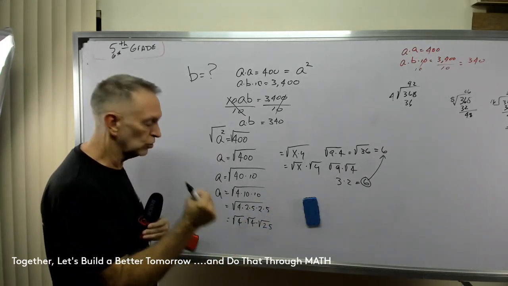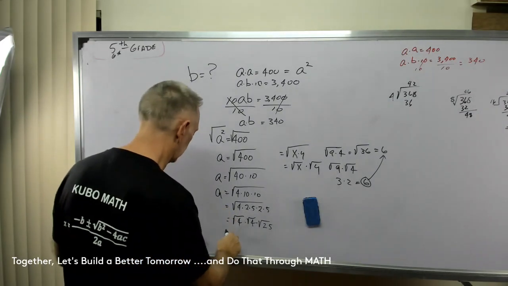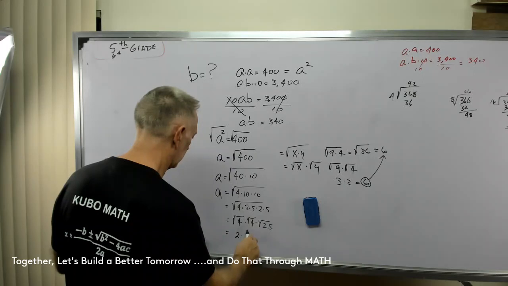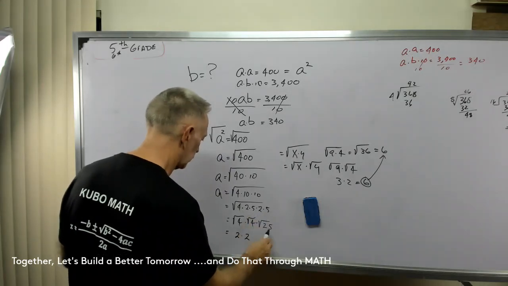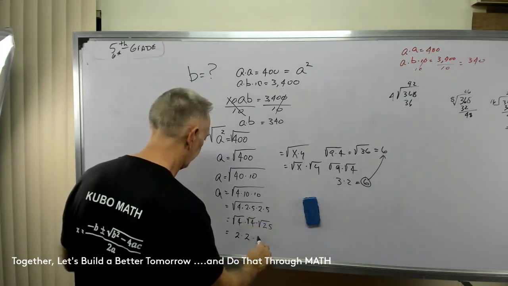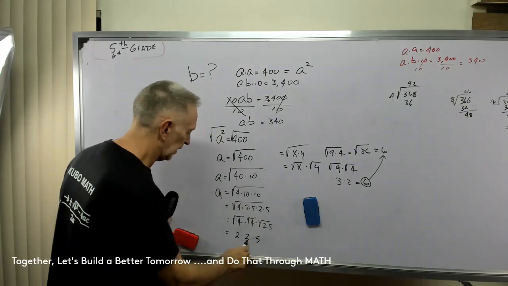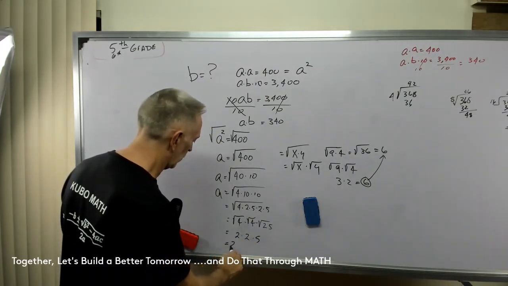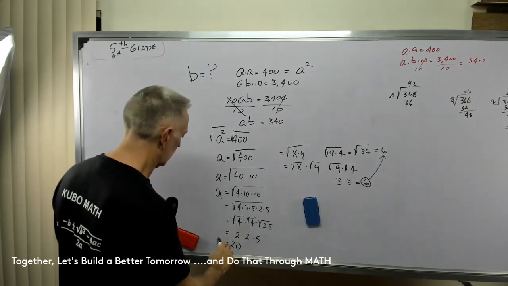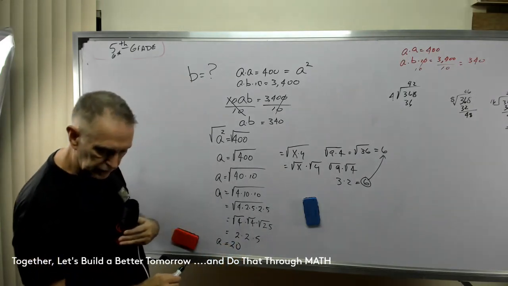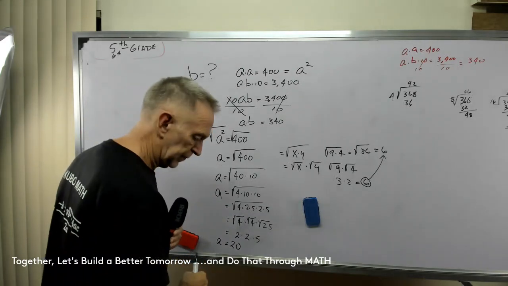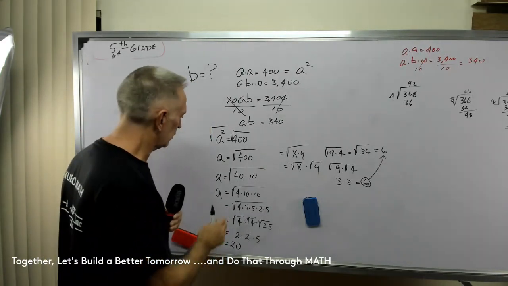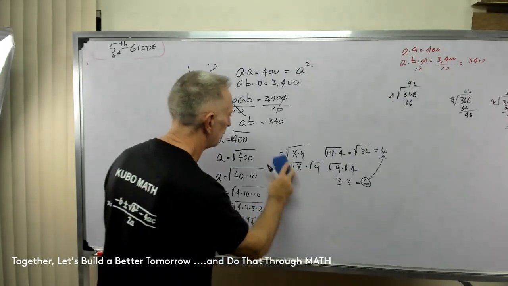Now, the square root of 4 is 2, the square root of that 4 is 2, the square root of 25 is 5. 5 times 2 is 10, 10 times 2 equals 20. A equals 20. Can you see that down there? All right, so A equals 20.